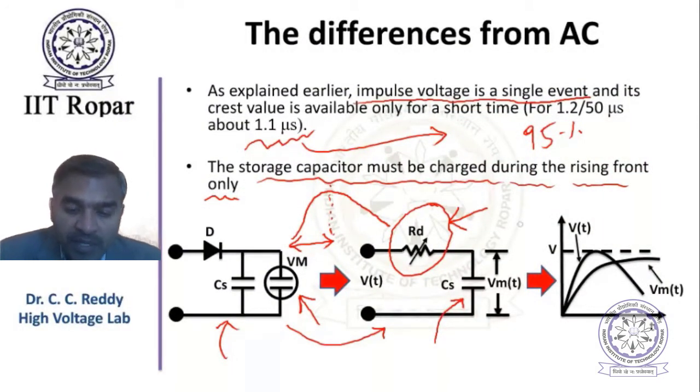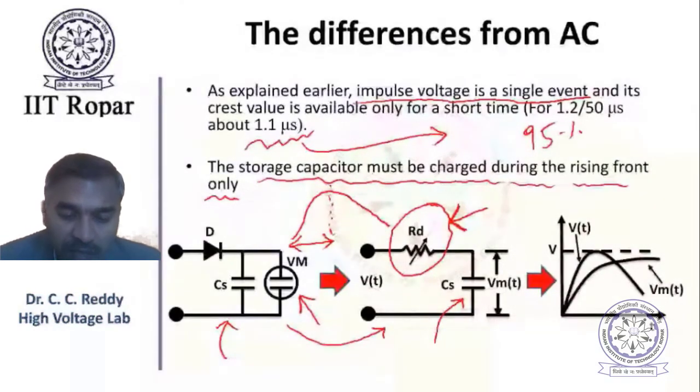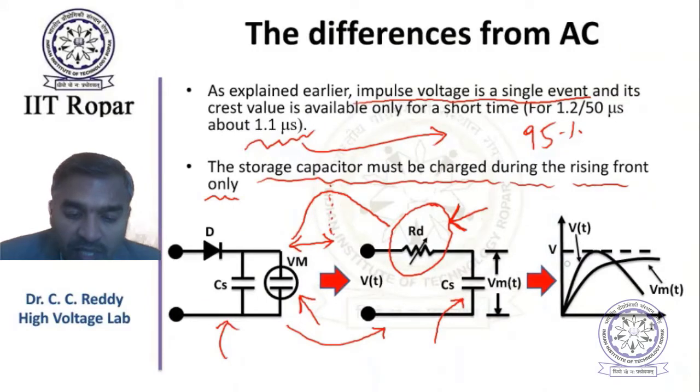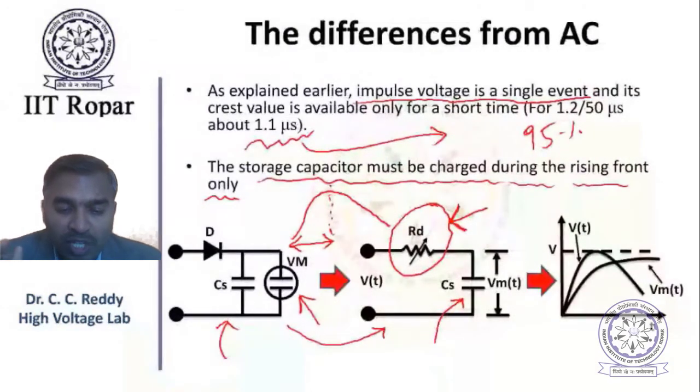But what will happen during the charging characteristics? Until now we have neglected this forward diode resistance. The reason is that in repetitive charging it is possible to charge as close as the peak value, but here this is a one-time event. Just once the capacitor is charged, then you have to measure, that's it, just a single event.